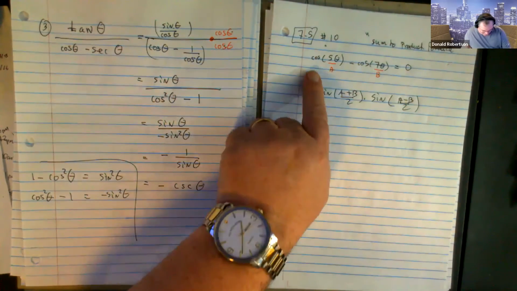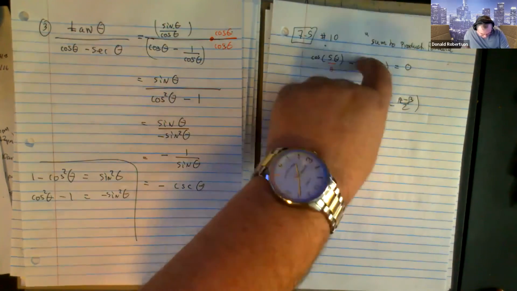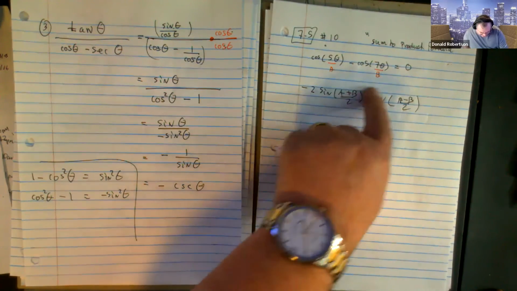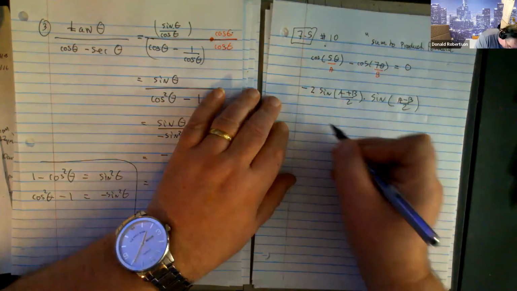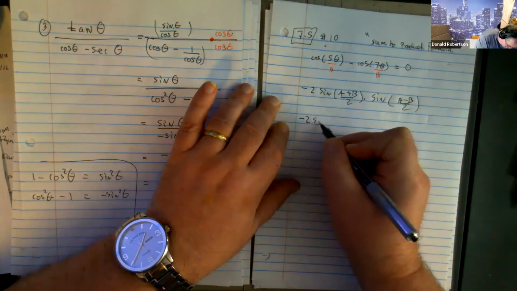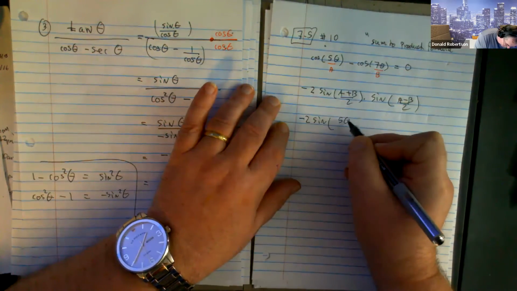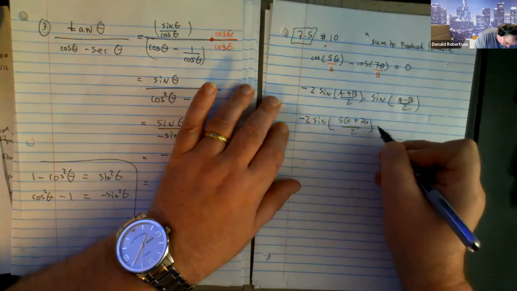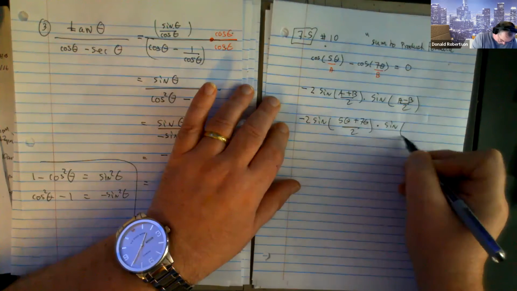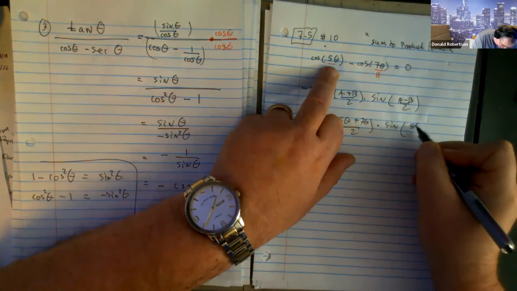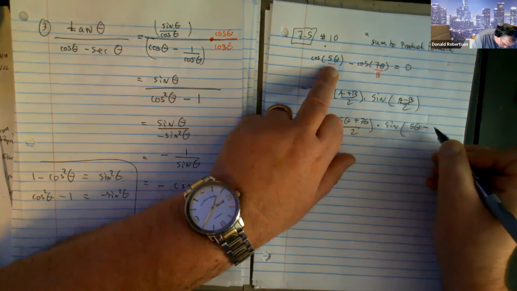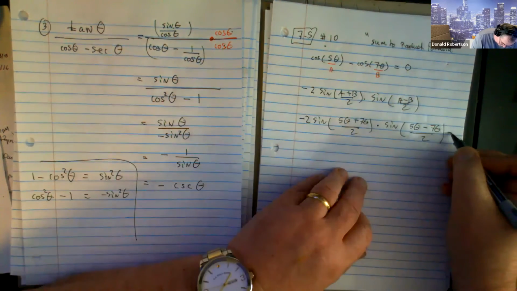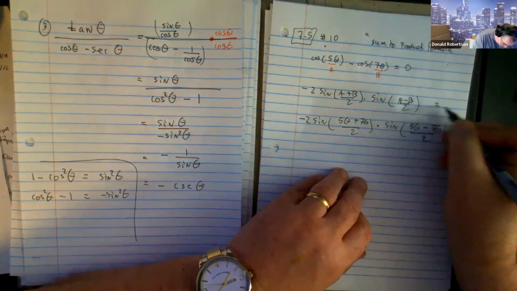So for cosine A take away cosine B, the formula is -2 sine of the sum halved times sine of the difference halved. So it's now -2 the sine of 5 theta plus 7 theta, halved, times the sine of 5 theta take away 7 theta, all divided by 2, still equals 0.